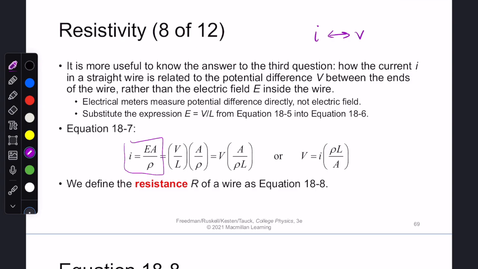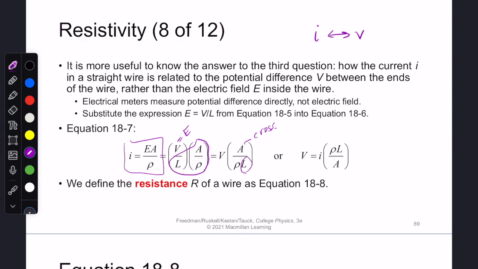We didn't derive it, we just looked at it. And let's make a substitution since we know that the electric field is related to the potential. So let's substitute this for E. E is V over L, the length of the conductor. Let's make that substitution. And then let's couple all of these constants together. These are all constants. This is the cross-sectional area of the wire.